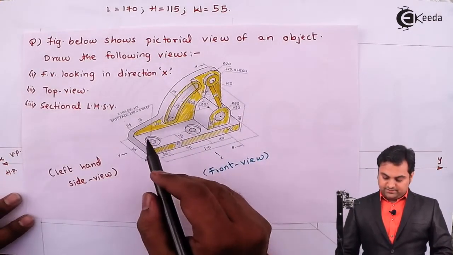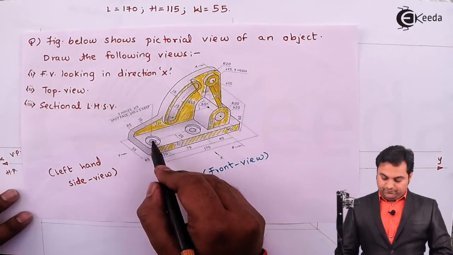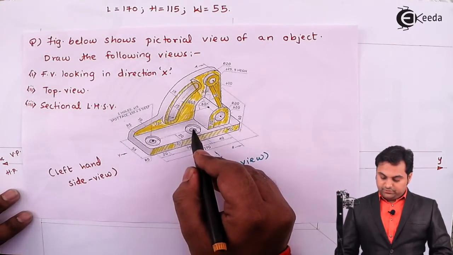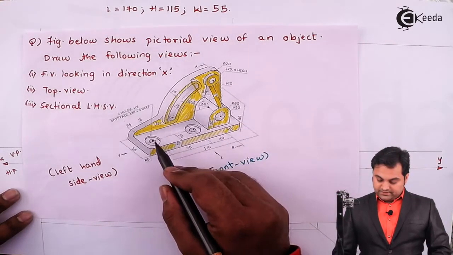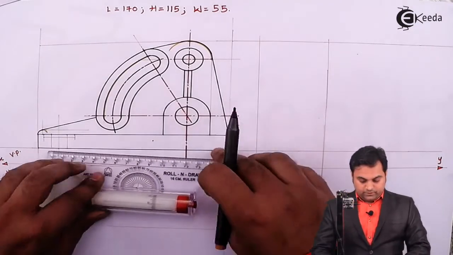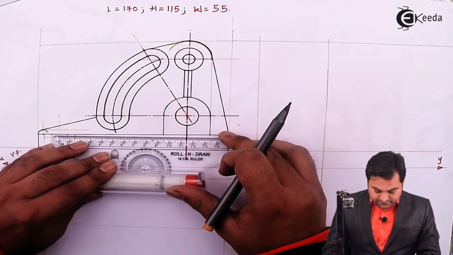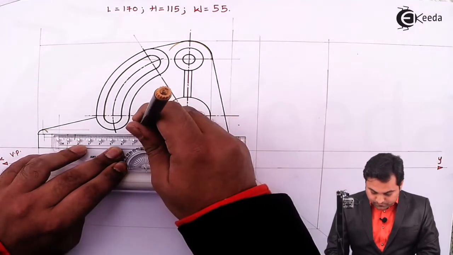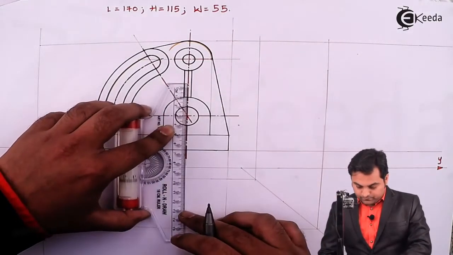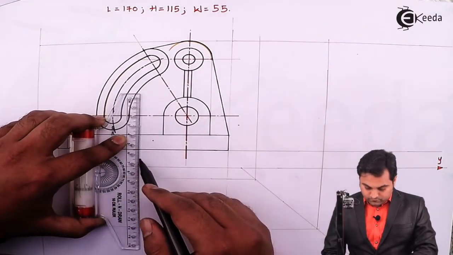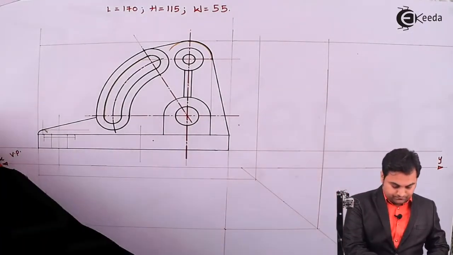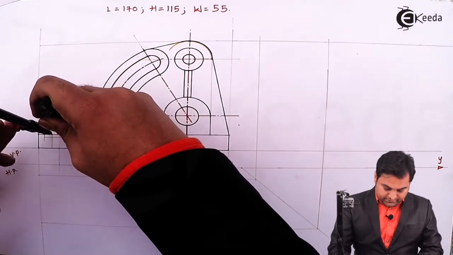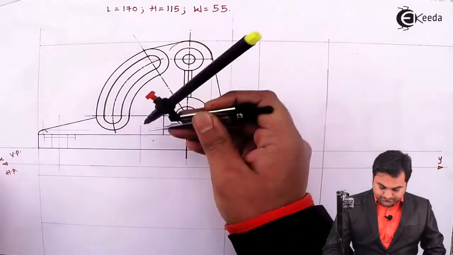and its distance from the center of the spot face which I have drawn, from here to the other center, is 75 mm. So here I'll measure the distance of 75 mm. We already have this distance, that is the radius for the inner circle.